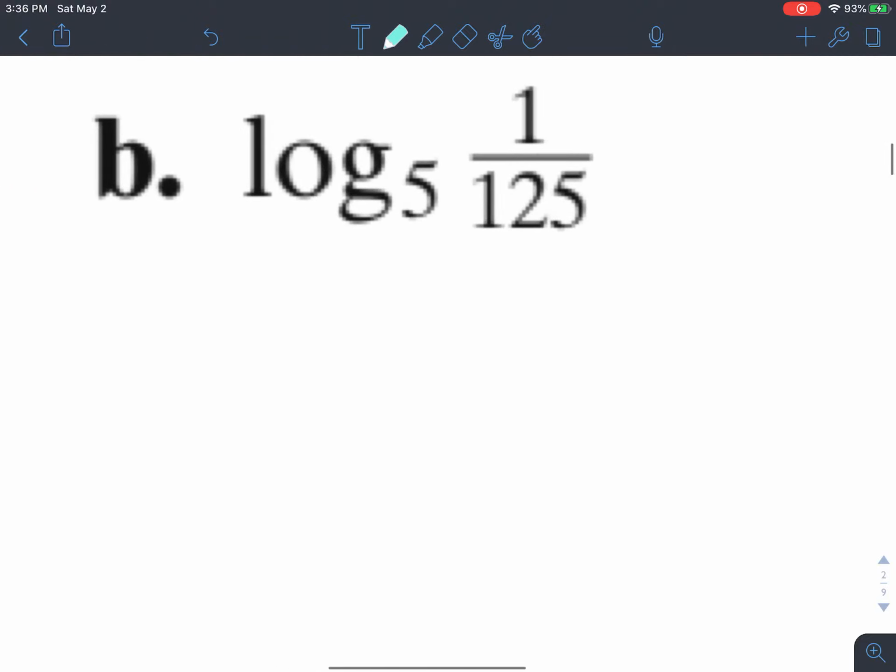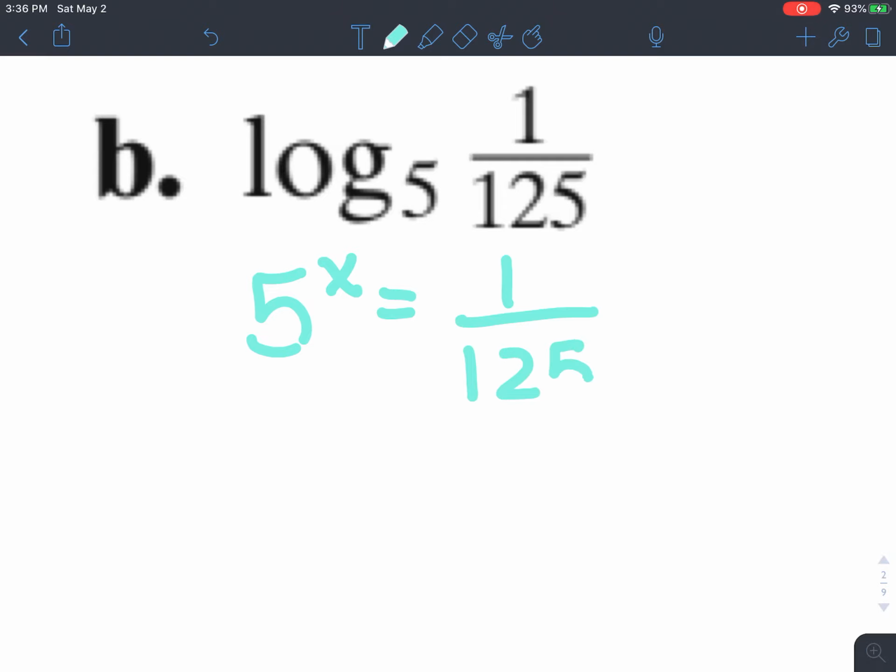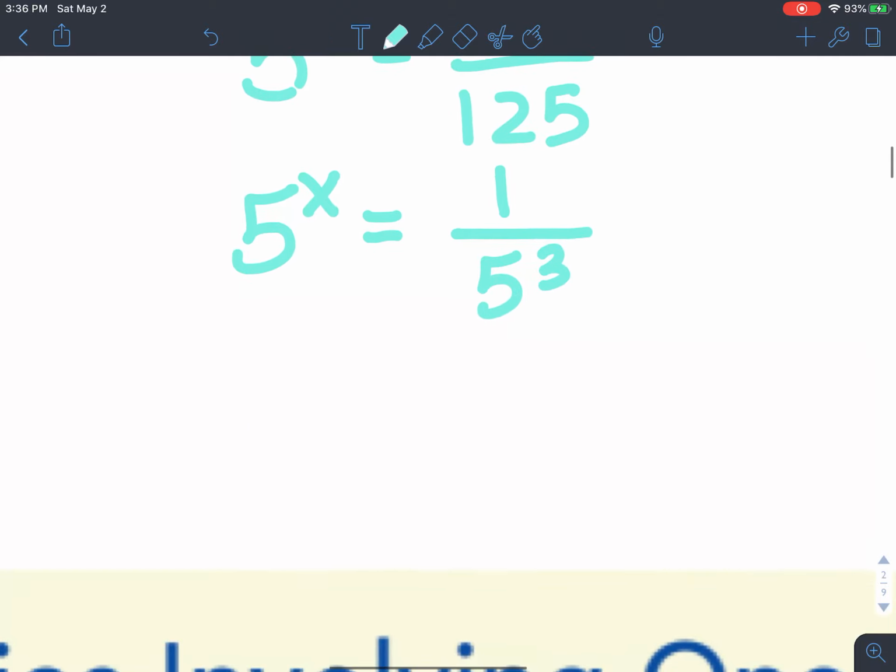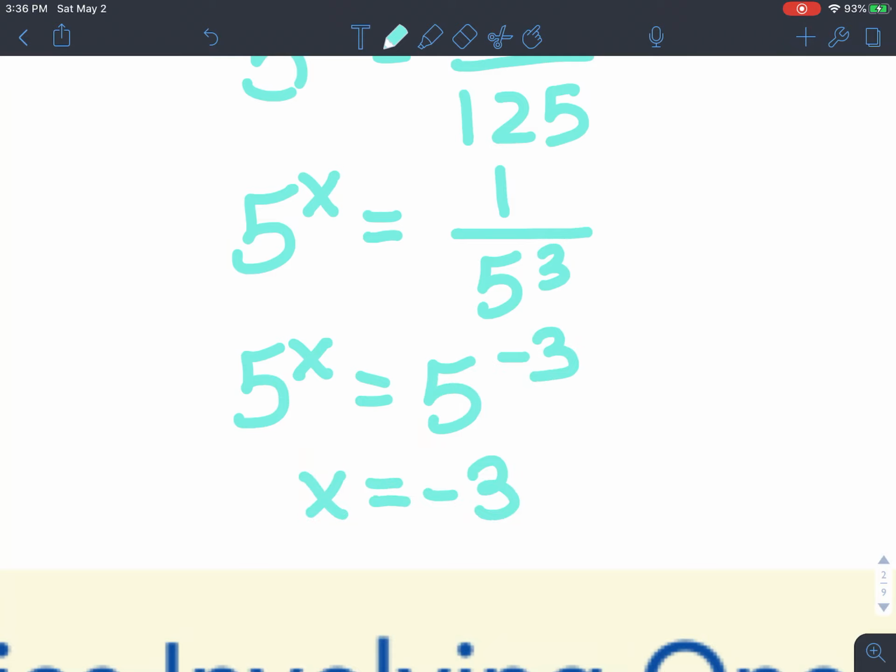Okay, B. 5 to the x equals 1 over 125. 5 to the x equals 1 over 5 cubed. 5 to the x equals 5 to the negative 3. So x equals negative 3.